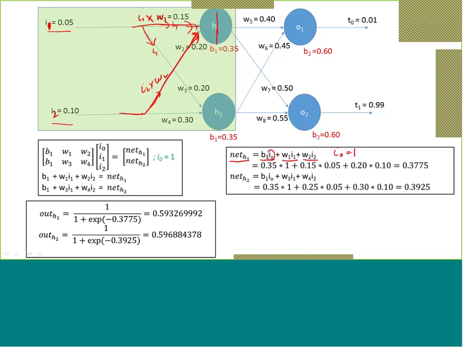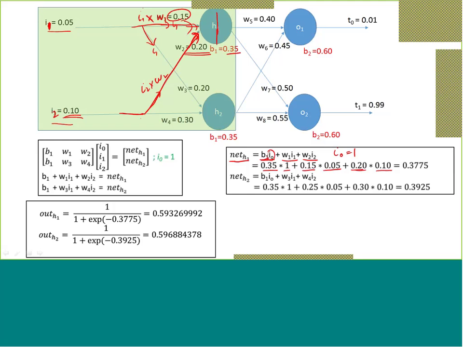So net H1 equals W1 I1 plus W2 I2 plus bias. The bias is 0.35, I0 is 1, W1 is 0.15, I1 is 0.05, W2 is 0.20, and I2 is 0.10.